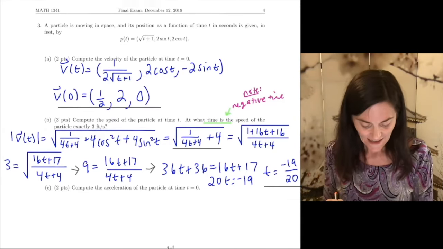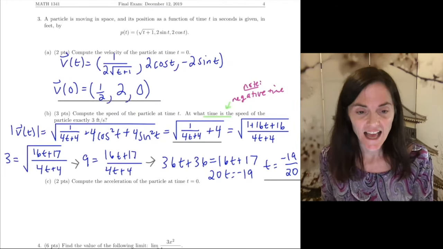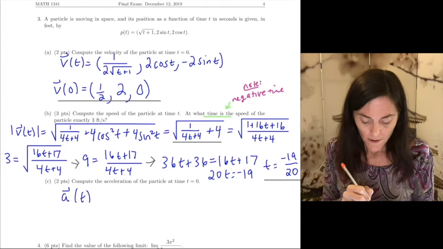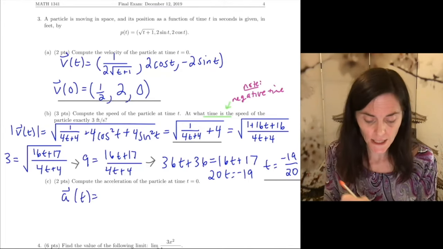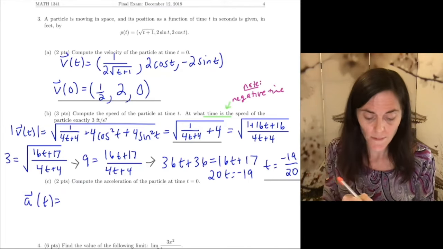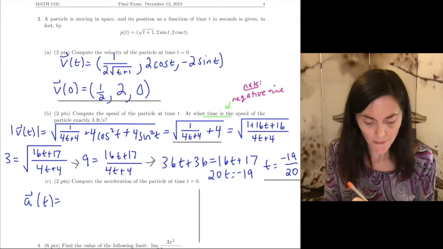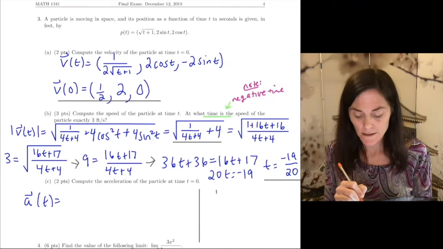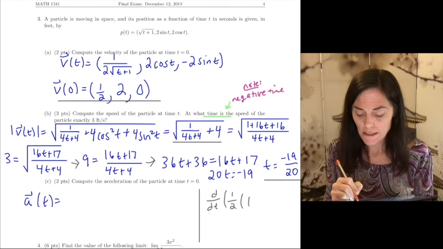Okay, now this is the last part of this problem. We want the acceleration at time t equals 0. To get acceleration, we take velocity and then we differentiate. Now, maybe I should come to the side and do some side work just for this one component. You notice the first component of velocity is the following. It's 1/2 (t plus 1) to the minus 1/2.